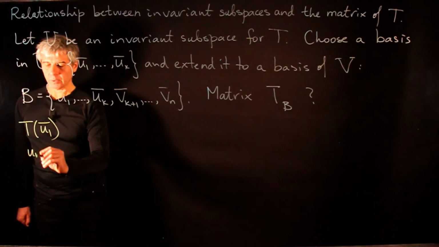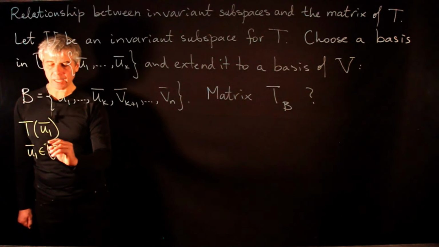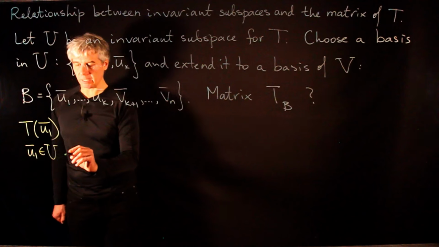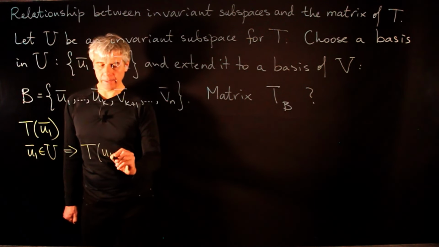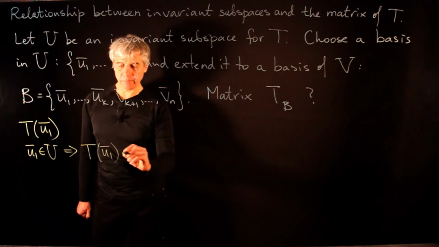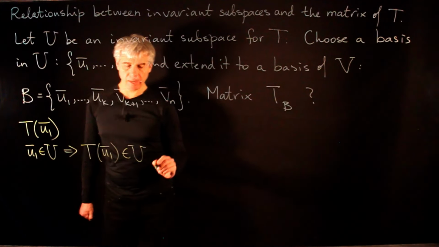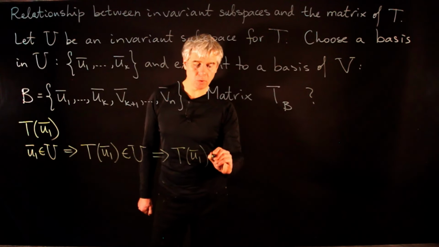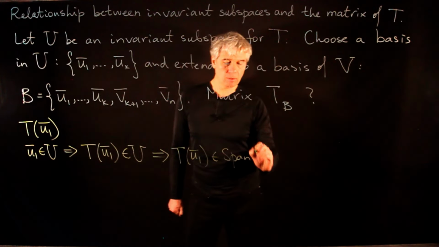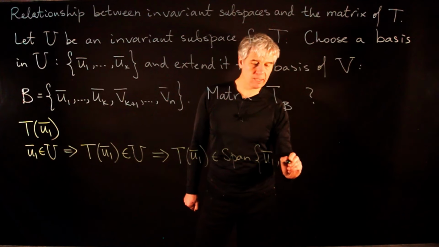Here u1 is a vector in the subspace U, and this subspace is invariant. So this means that T of u1 is a vector in U again. And hence T of u1 belongs to the span of the first k basis vectors.